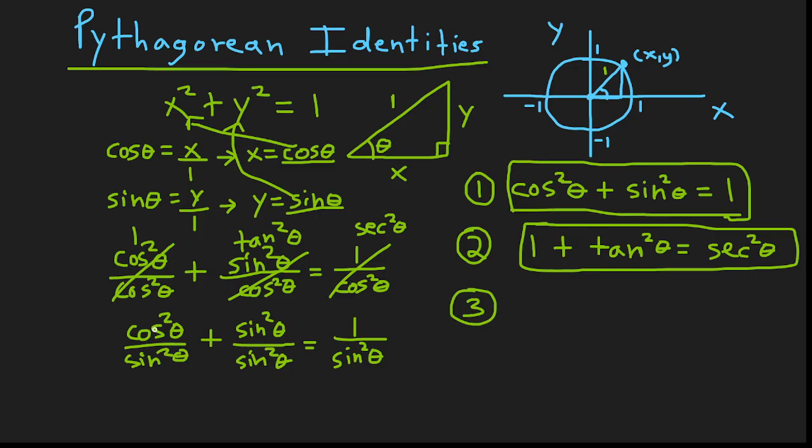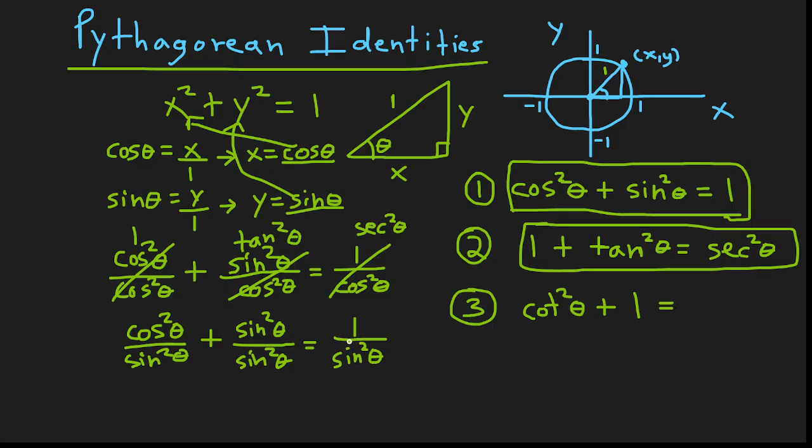So cosine squared theta over sine squared theta, that's just the reverse of sine squared over cosine squared. It's going to be cotangent squared theta. And then plus sine squared theta over sine squared theta, that's going to be equal to 1.